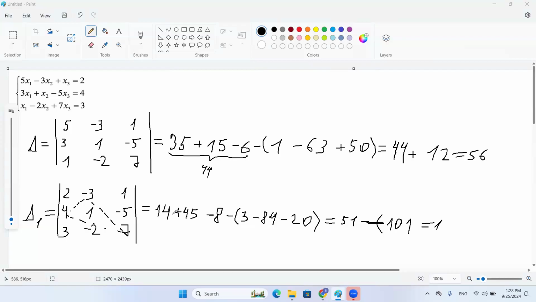The mistake was 20. This is plus 20. So just here we have a mistake, and now let's recalculate it. It would be 3 minus 64, it would be minus 61.